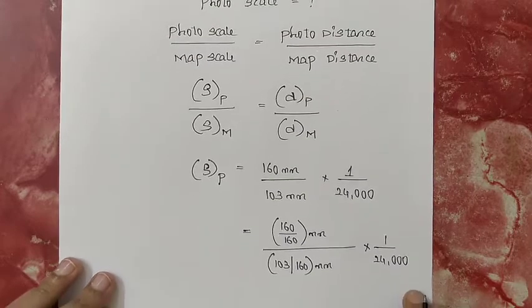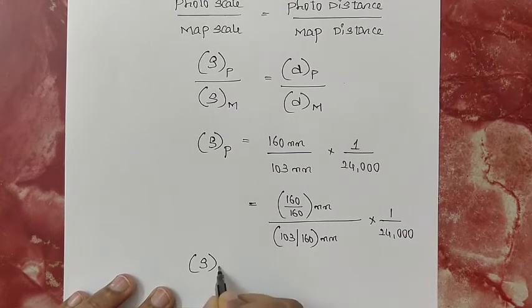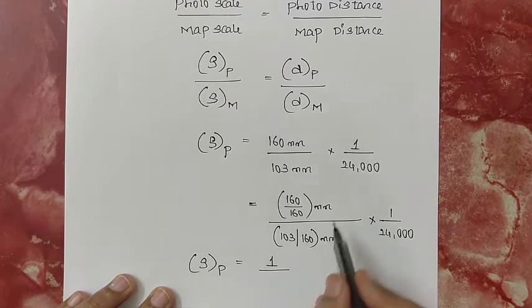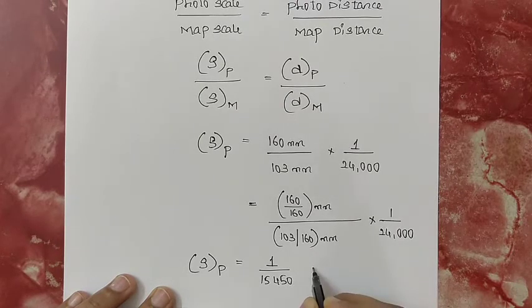Upon simplification you will get the photo scale SP equals 1 divided by, this mm and this mm get cancelled, 15450.